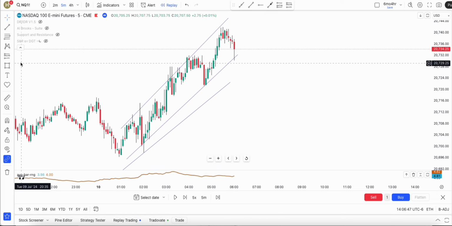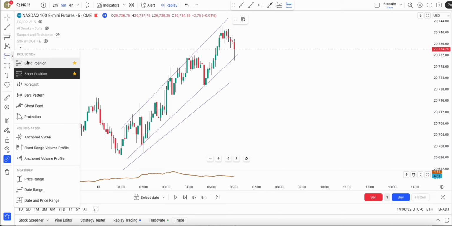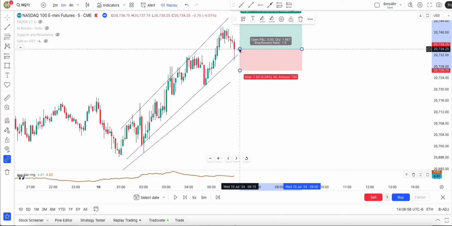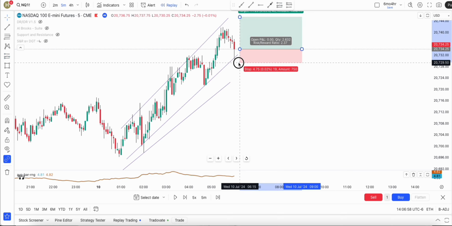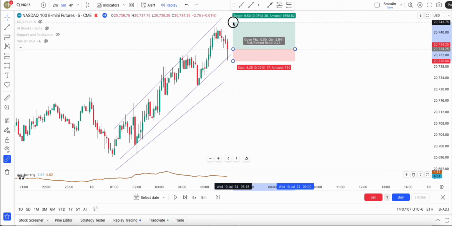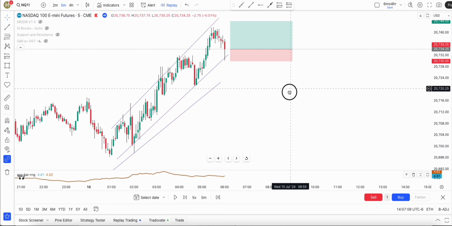So if I were to buy right here, then I would want my stop loss to be probably a little below there. And my high would be pretty close to there.